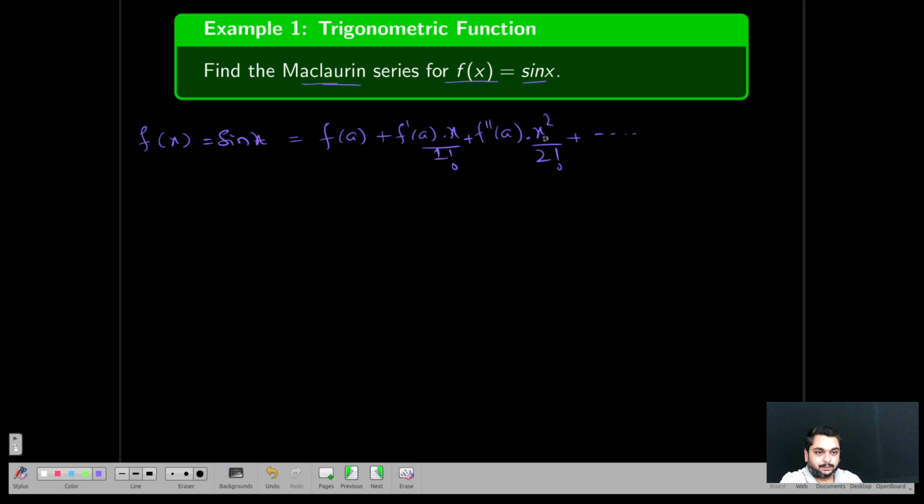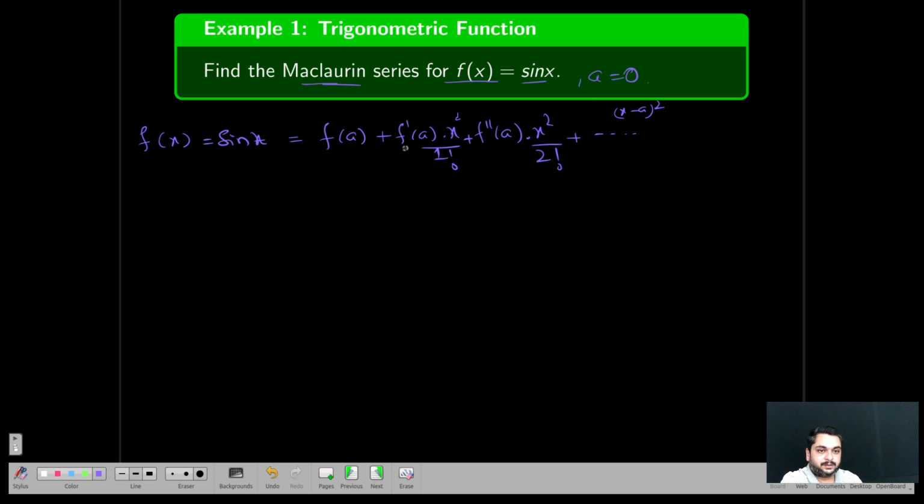Here I'm not taking x minus a. It is as good as writing x minus a whole square, x minus a into x minus a here. But as already given, Maclaurin series means a is equal to 0. That's why I'm writing it directly like this.